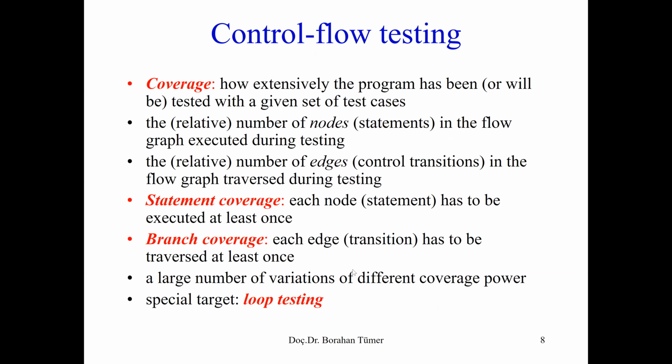And then we started with control flow testing, where we discussed the concept of coverage in detail, where the details were statement coverage, branch coverage, and then loop testing. We further said that the discussion about the concept of coverage will continue with path coverage, condition coverages, multi-condition coverage, etc.